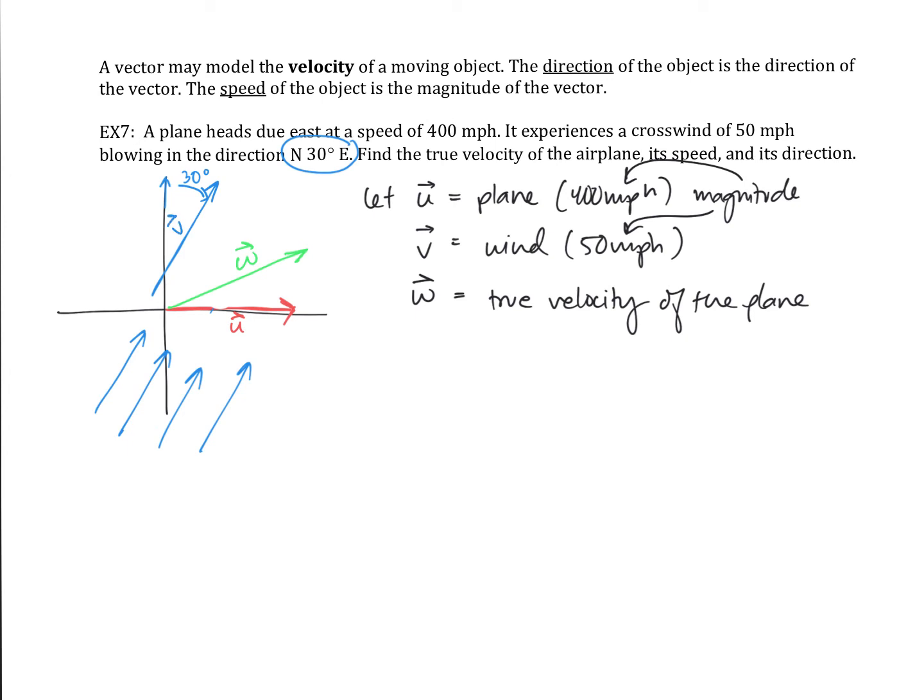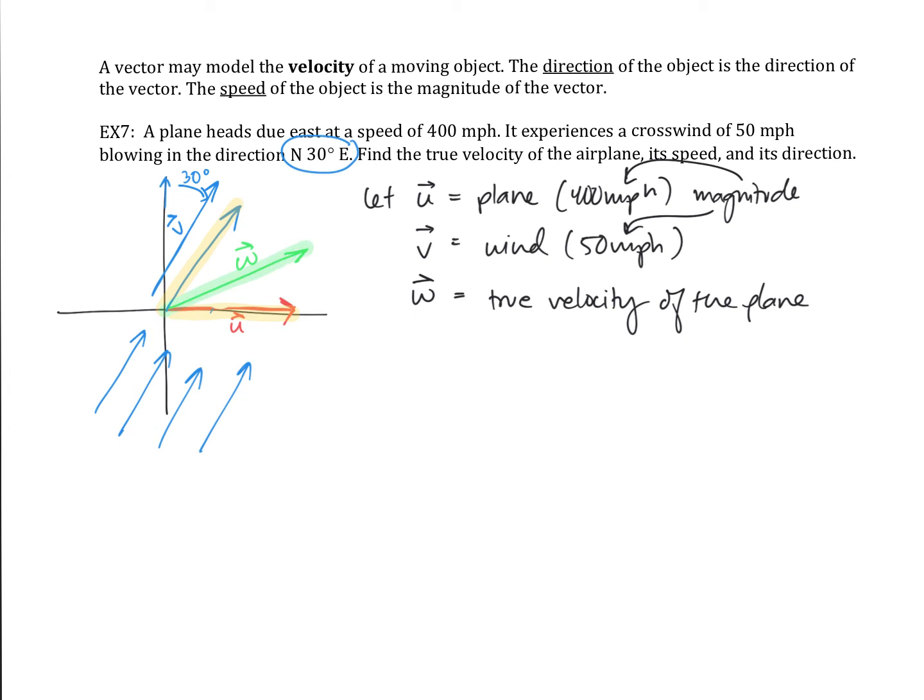So how do we figure this out? Well, we're going to find our u and v values and then add them together to get the velocity of the plane. We'll just find this vector here, add it to this vector here, and then we'll end up with the true velocity.